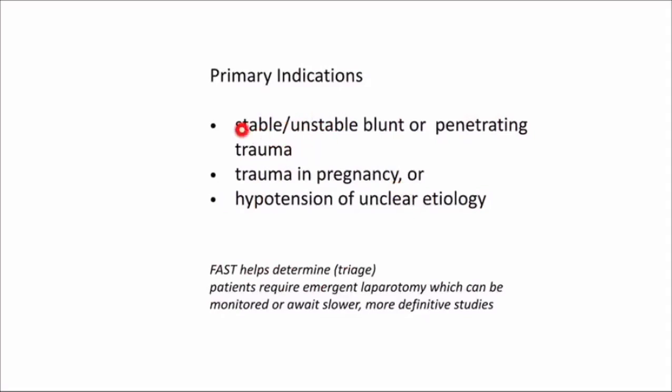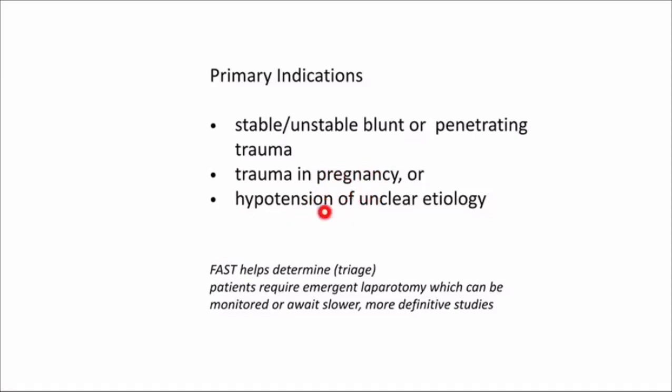Okay, so the primary indication of FAST is usually to evaluate stable or unstable blunt or penetrating trauma for the presence or absence of free intraperitoneal fluid collection. In cases of pregnancy, it is usually indicated because CT is usually radiation emitting and diagnostic peritoneal lavage is usually invasive and may be therefore difficult to do in cases of pregnancy.